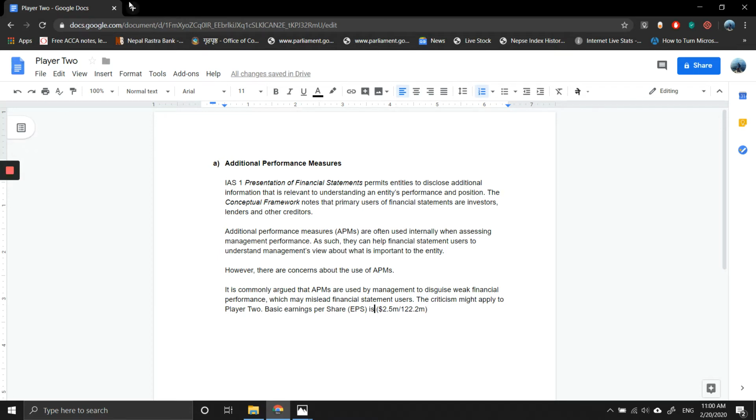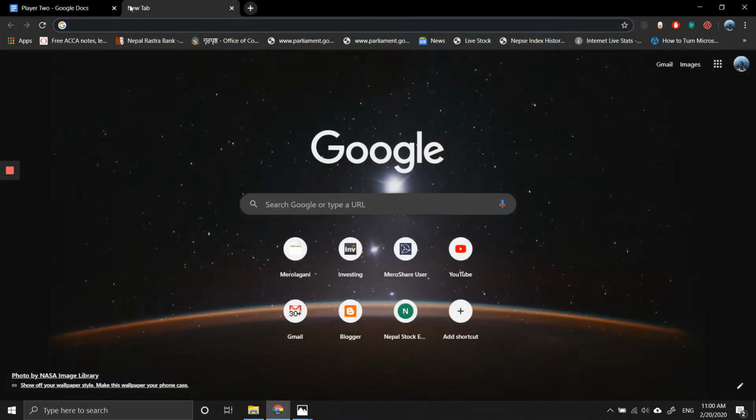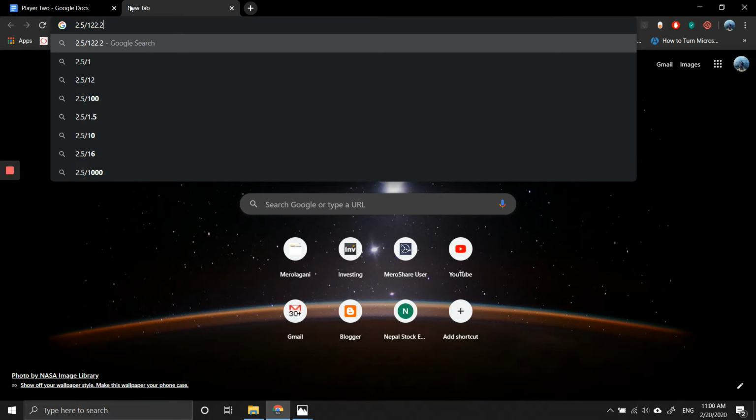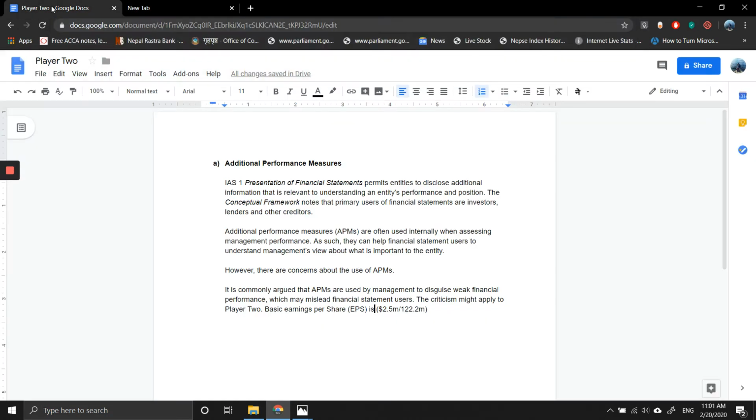So this should give us 0.02, which we could say is 2.0 cents per share.